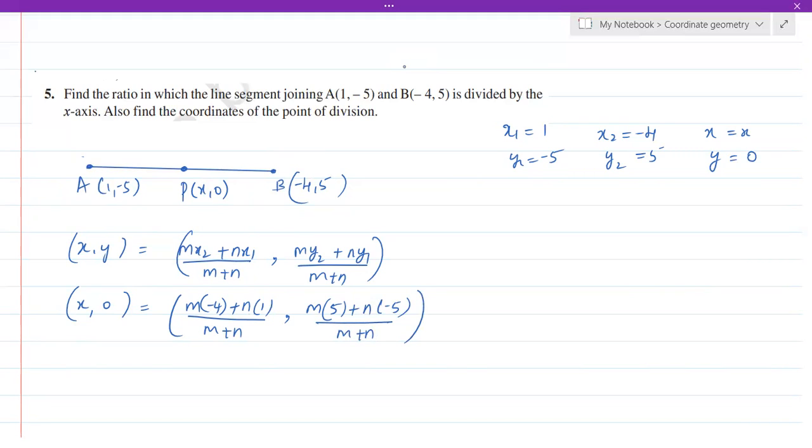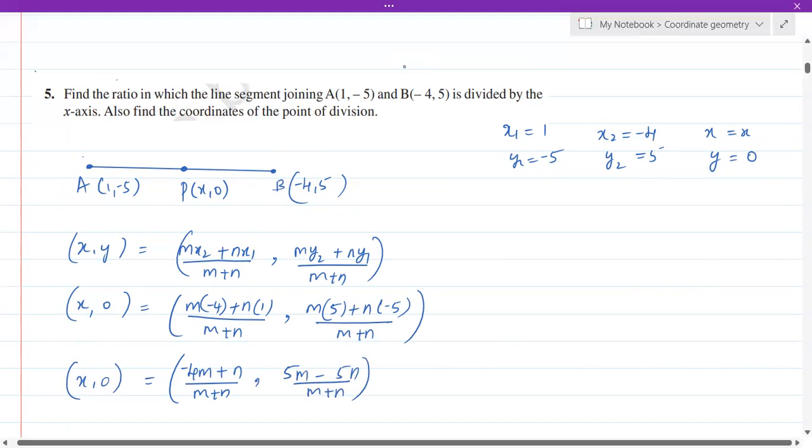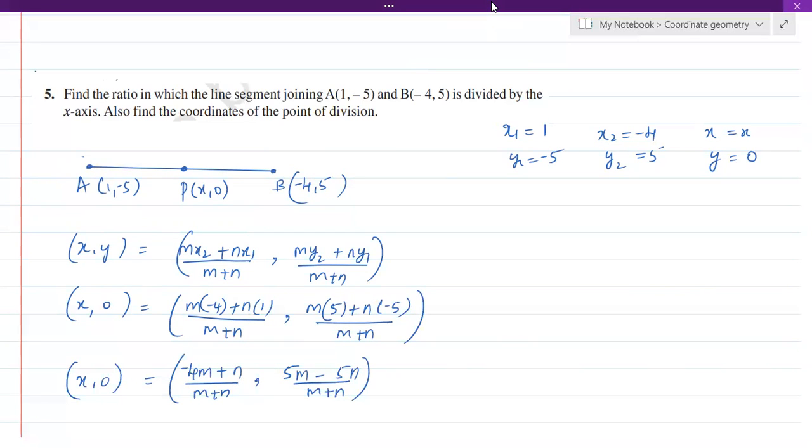Okay, so let's simplify this. So x comma 0 is equal to m into minus 4 is minus 4m, n into 1 is n, divided by m plus n, comma 5 into m is 5m, minus 5 into n is 5n, divided by m plus n. Now here what we have to do is, as we discussed in the previous question, we have to find the value of m:n.